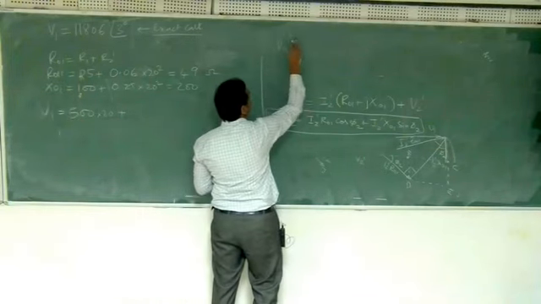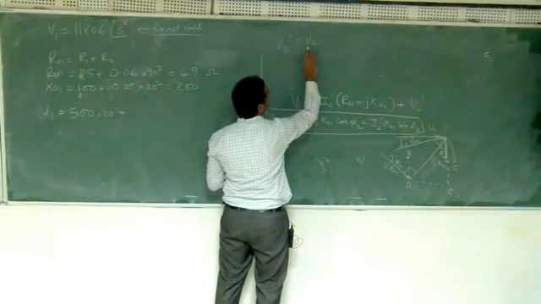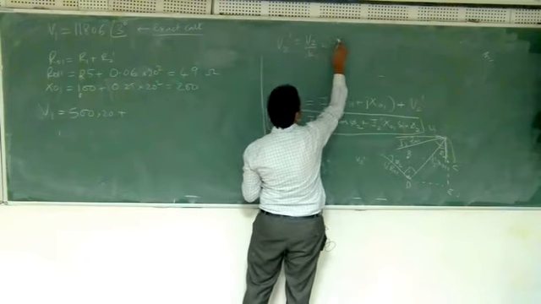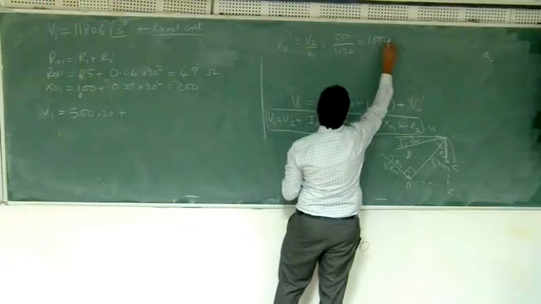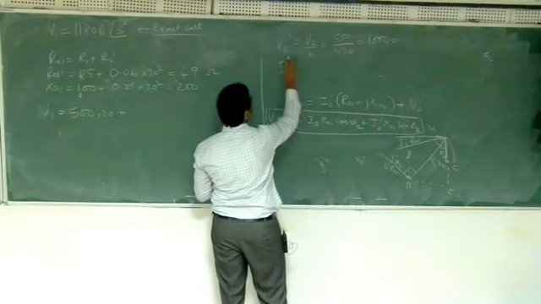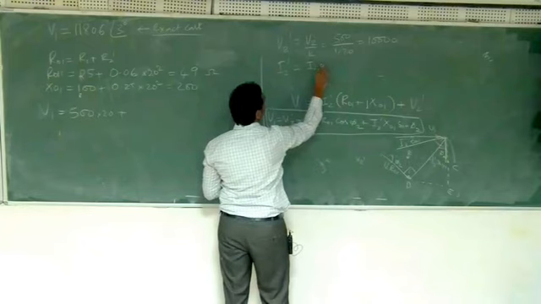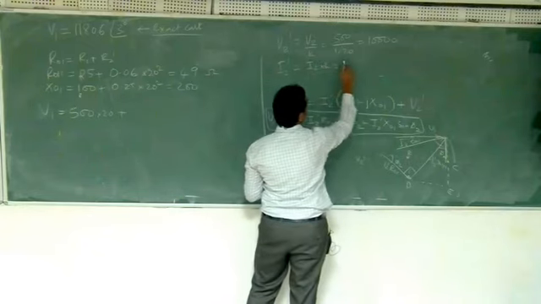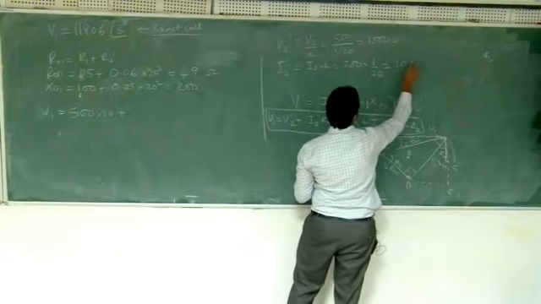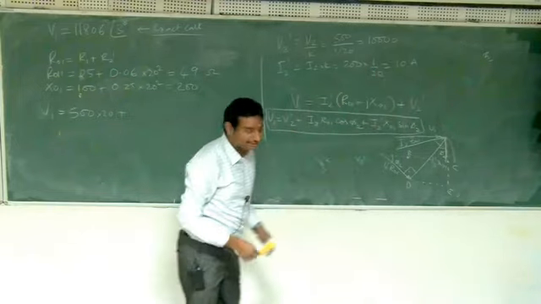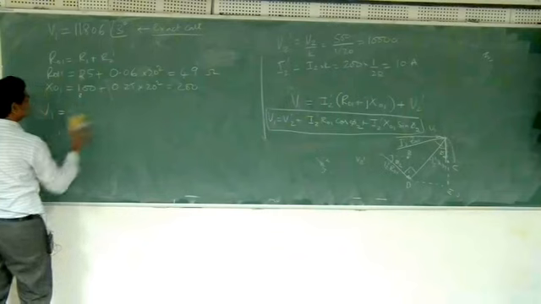V2 dash equal to V2 by K, which is 500 by 1 by 20, which is 10,000. I2 dash will be I2 into K, which will be 200 into 1 by 20, which is 10 amperes. Very easy.